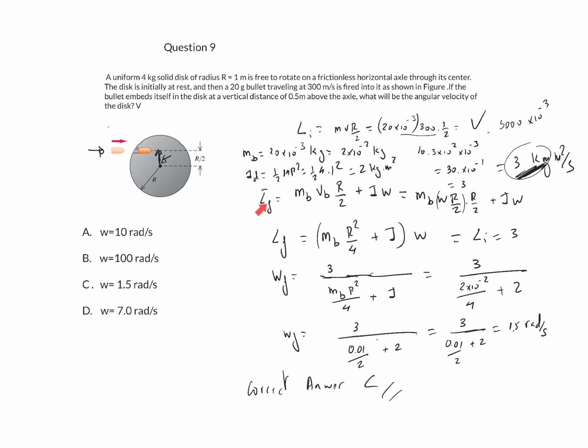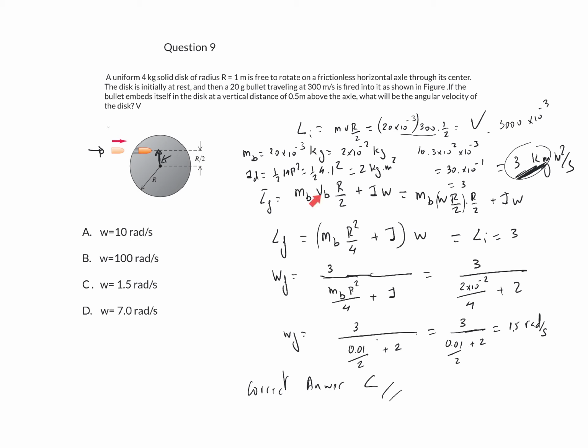So the final angular momentum with respect to the same point is the mass of the bullet times the velocity of the bullet times the perpendicular distance R divided by 2, plus I omega, that is the angular momentum of the disc.